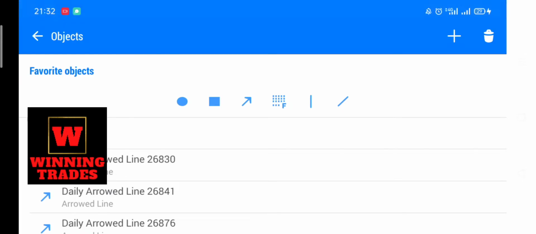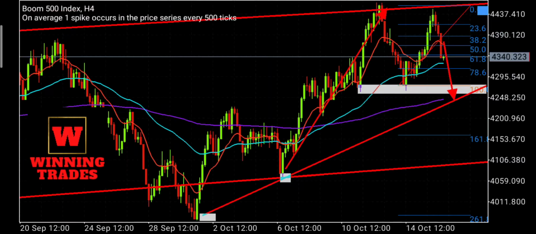So we might be expecting a third touch at this point. For me, I'm looking at price selling all the way to retest that. It may probably break it down a little bit before going up if it's buying. But for this week, I'm supporting a sell.